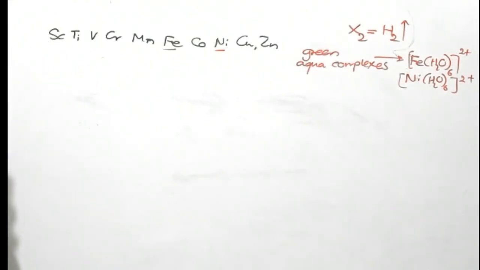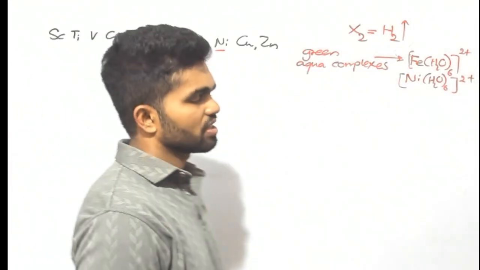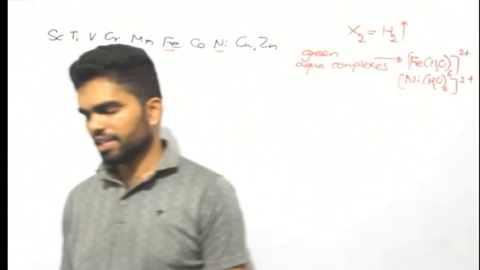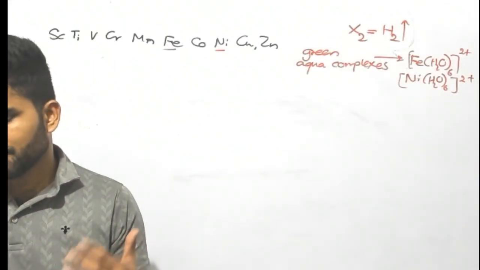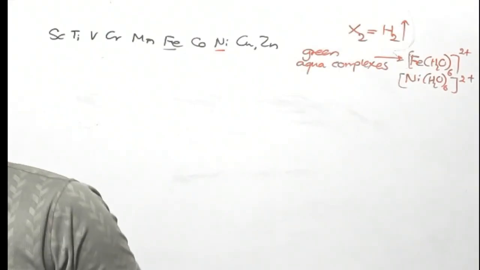So the green color aqua complexes are given by ferrous and nickel. Okay, so you remember how we studied this one? 2 blue, 2 green, 2 pink, 1 yellow brown. That method we need to remember.